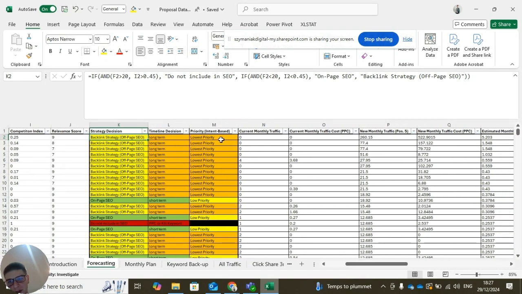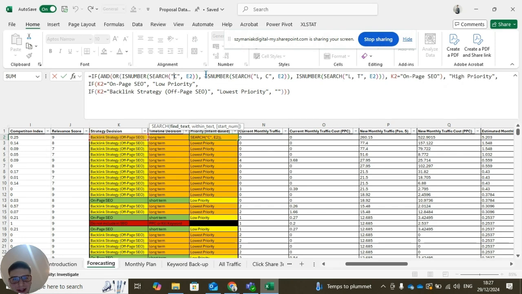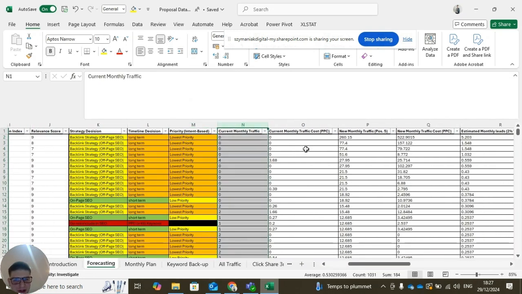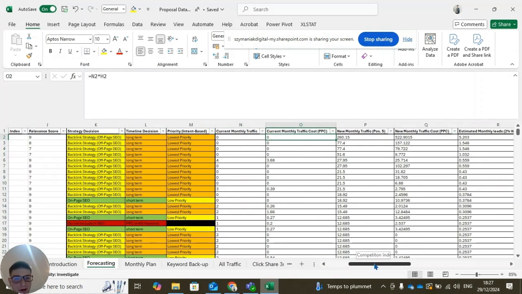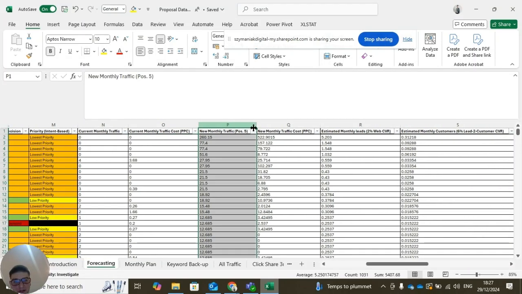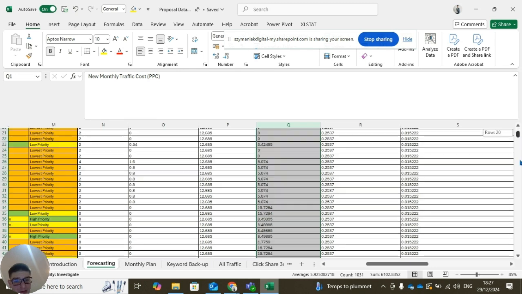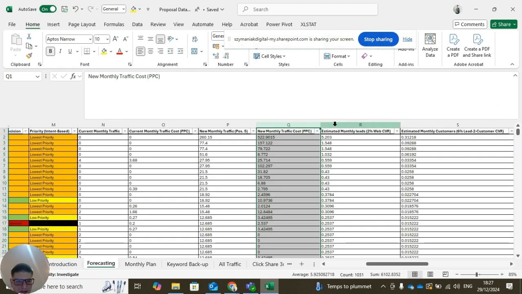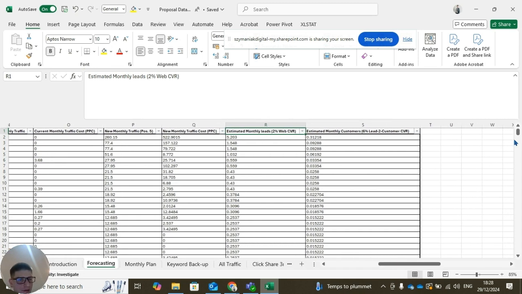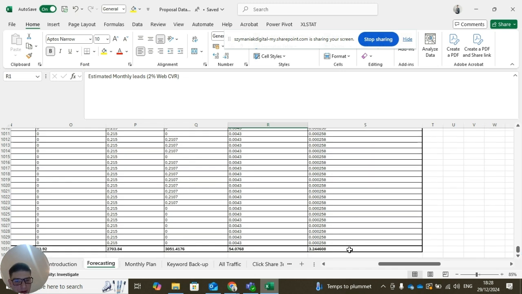Of course I want to prioritize the commercial intent from the query data. Then I'll show you the monthly traffic you're currently getting, what it currently would cost via Google Ads, what you would get after the 12-month period, and how much it would cost if you were to run Google Ads campaigns. And then the lead number per month on average, and the average monthly estimated customers based on the lead to customer conversion rate.